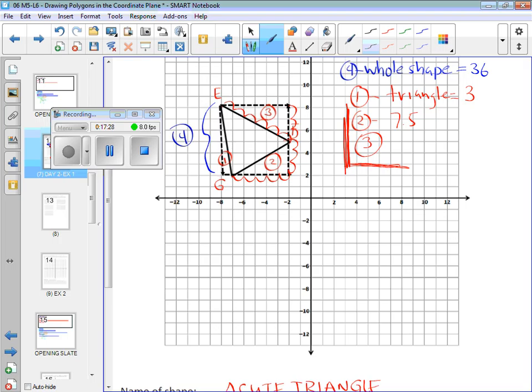All the math is done, almost. You're like 90% there, but you still have one more last step. What are you going to do? Add the three triangles, and then subtract that from my whole entire shape. Okay, so let's see if we can do it in our head. 3 plus 7.5 is 10.5, right? 10.5 plus 9, alright, 19.5.